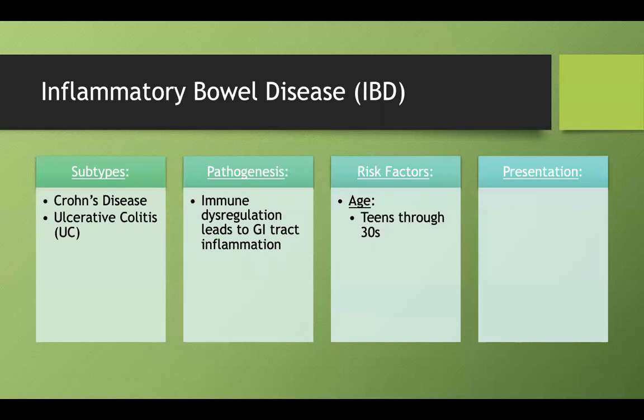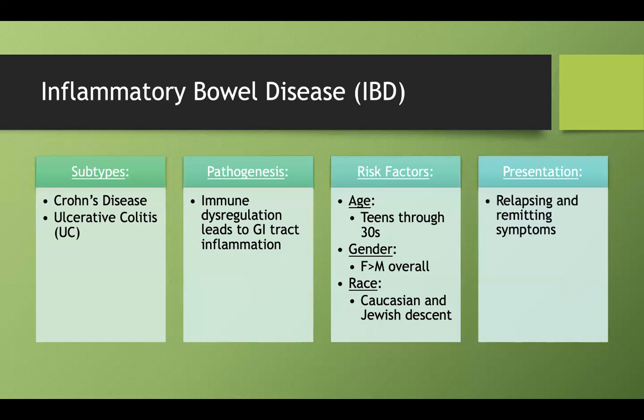Oftentimes on tests, the person who's getting this disease is going to be in their late teens through their 30s. In real life, you can have people with Crohn's who get it in their 60s. There's a bimodal distribution, but on tests, always consider teens through 30s. It's going to be more common in females, but I don't want you to assume it's just in females. They will test on both. And for race, it's often Caucasian or Jewish descent.